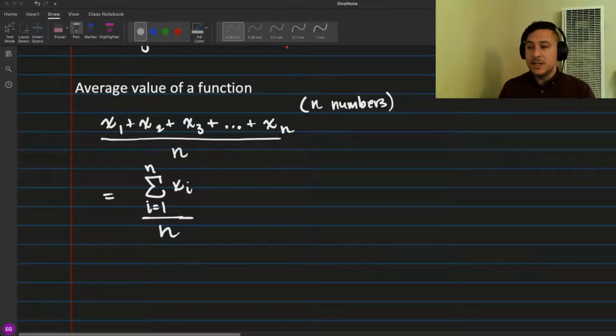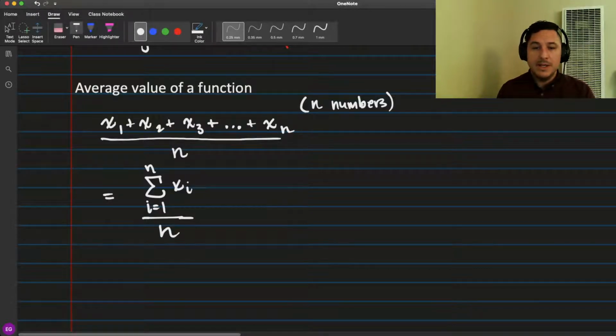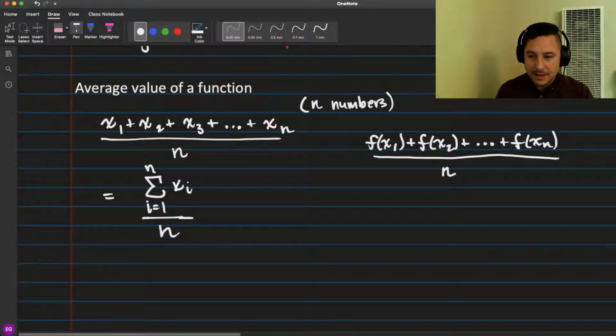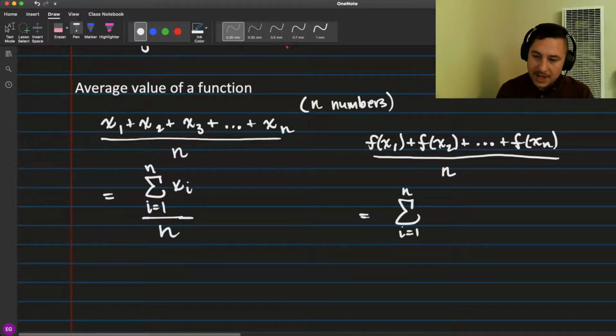You can also do this for a function. But instead of just x1, x2, x3, and so on, you have f of x1 plus f of x2 plus f of x3 and so on, all the way up to f of xn. There's still n numbers, so you would divide that by n. And again, you can rewrite this as sigma i equals 1 to n of f of xi, all divided by n.